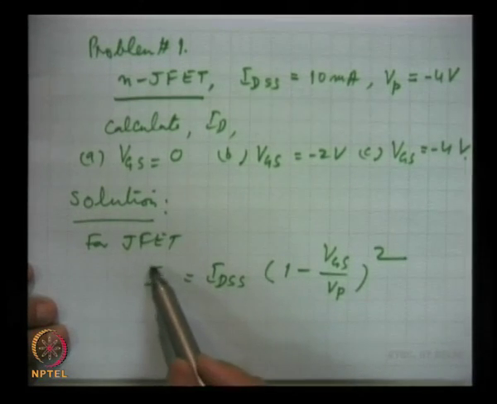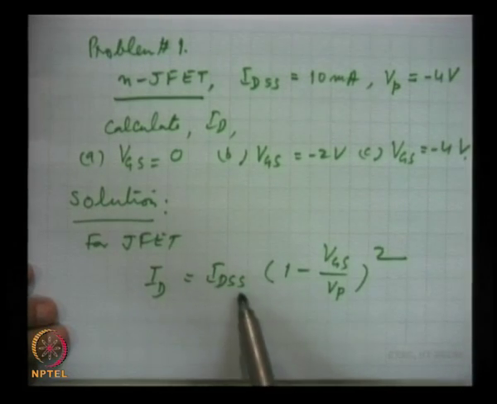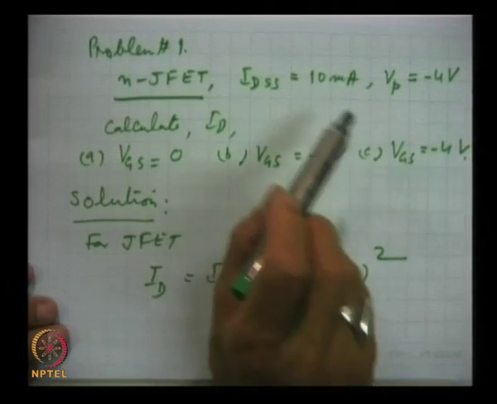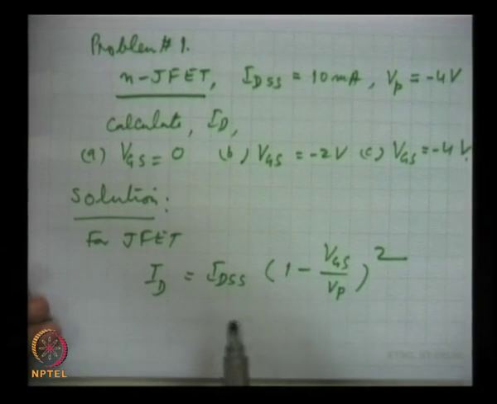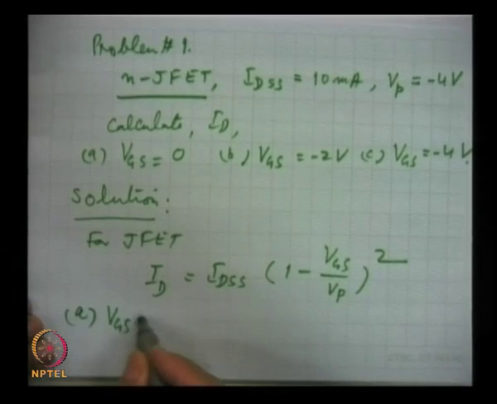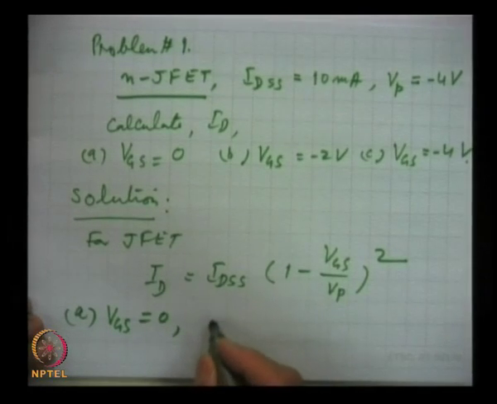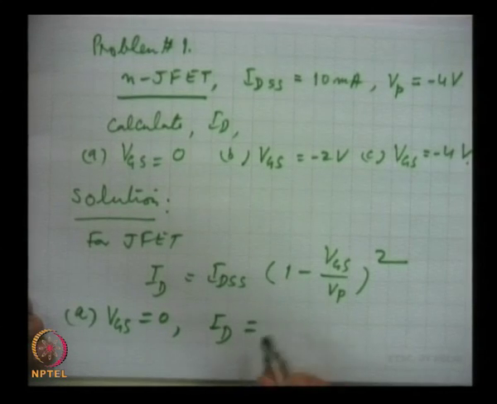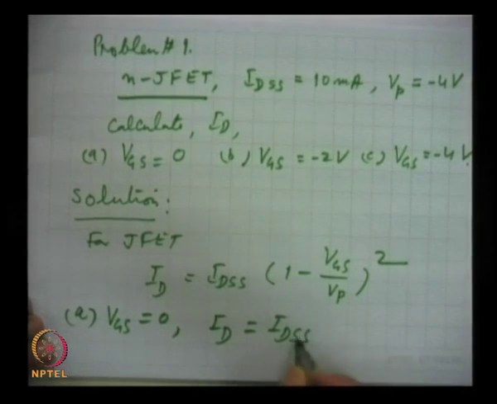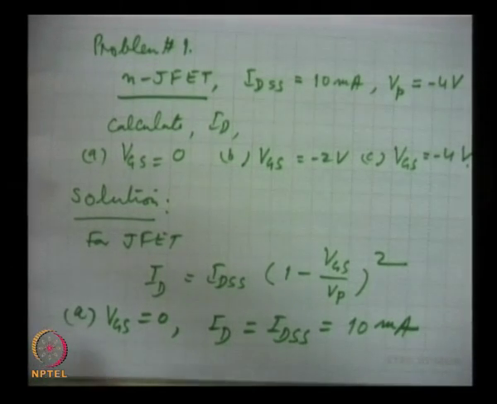We have to find out ID for various gate source voltages, where IDSS is given as 10 milliampere, and let us first see part A when VGS is 0. So, this term is 0 and this is ID. In this case the drain current is equal to IDSS, which is given as 10 milliampere, and this is of course well understood because the gate source voltage is 0 here.